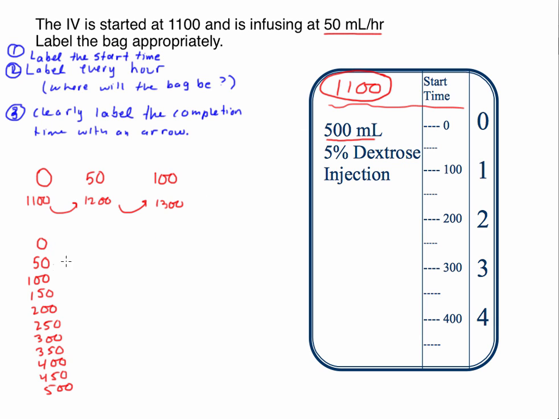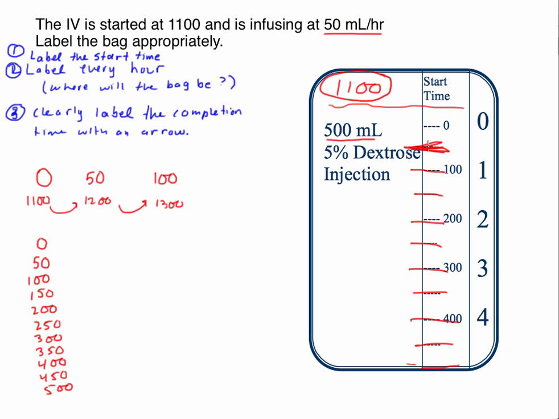So I'm going to label 0, we already did that. 50, 100, 150, 200, 250. So we're labeling every 50, and it should be very clear where these lines are. And then finally 500. And on each one of these lines, I'm going to say what time it should be when the bag hits that point.